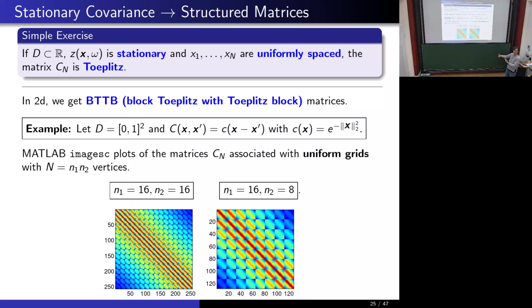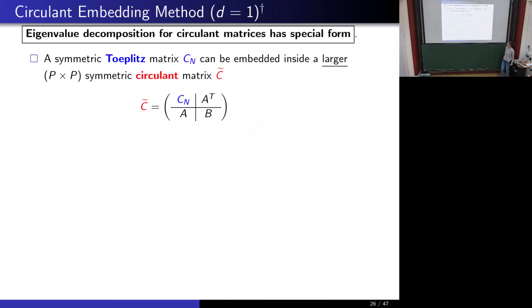If you use one of the other methods I talked about, you're not going to be able to leverage this structure. The good news is, if you have this scenario, you can do smarter things to compute the factorization of your covariance matrix. I'll just go through it in a couple of slides. There's too much detail here for you to write down now if you've never seen this before.